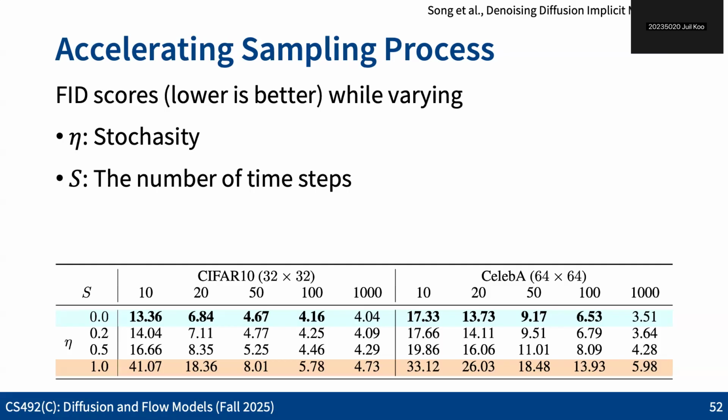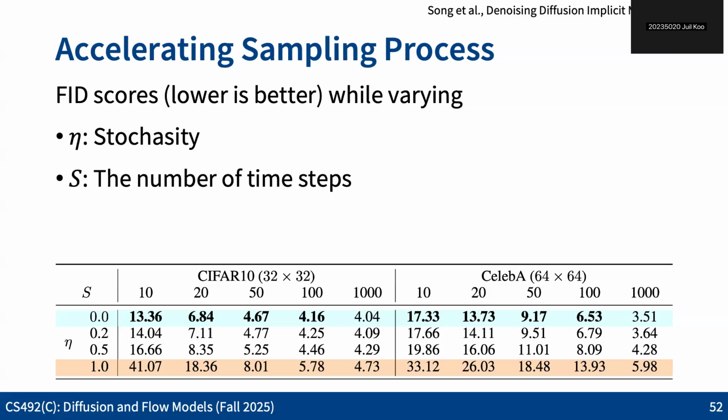When the time step is 1,000, the FID is 4.07, quite a low number. As you decrease the number of time steps all the way to 10 here, you can see that the FID increases about 10 times, to 41.07. But if you see the deterministic case here, for all the cases the quality is much better than the DDPM case.